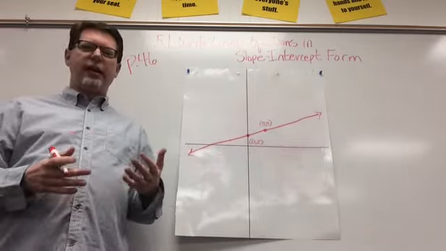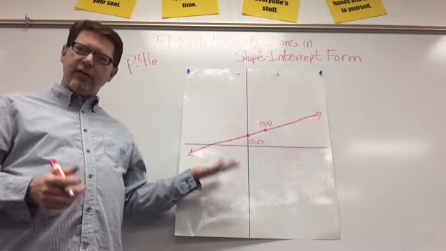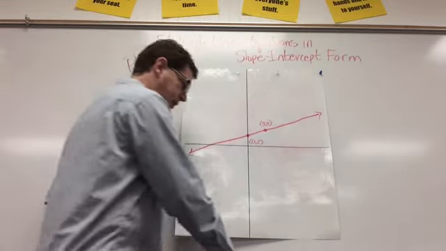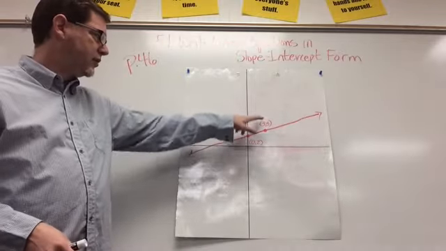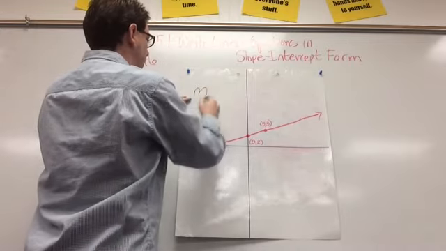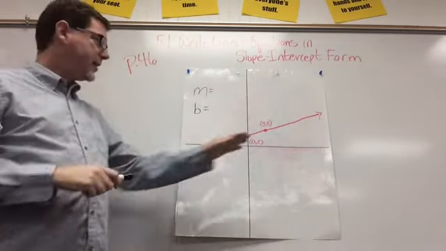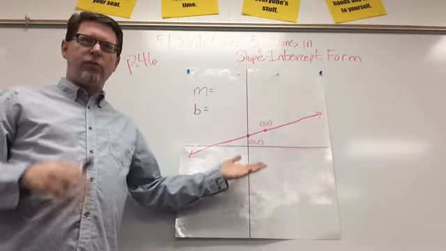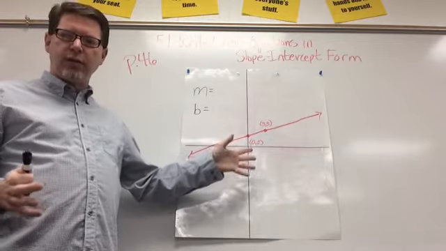The last thing we're going to look at is a line. I'm given a line, and I need to find what the equation of this line is. So I'm given 2 points on the line, 0, 2, and 3, 3. So I need to find m and b. Well, with m, I could use the slope formula, y2 minus y1 over x2 minus x1. But why don't I just use rise over run?